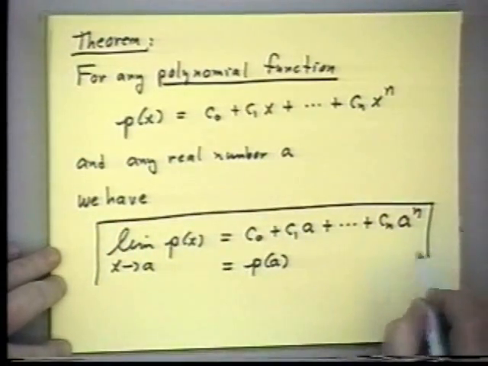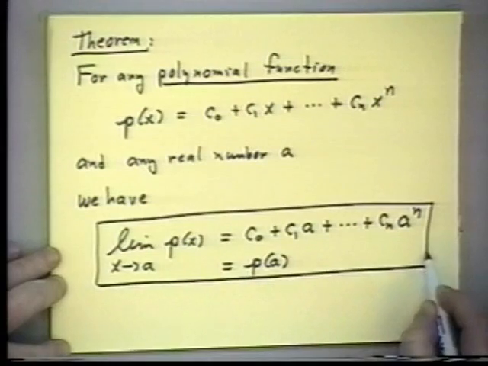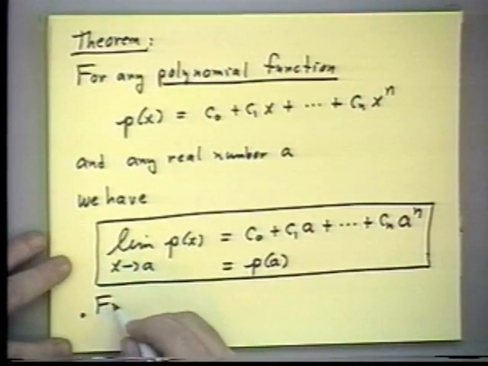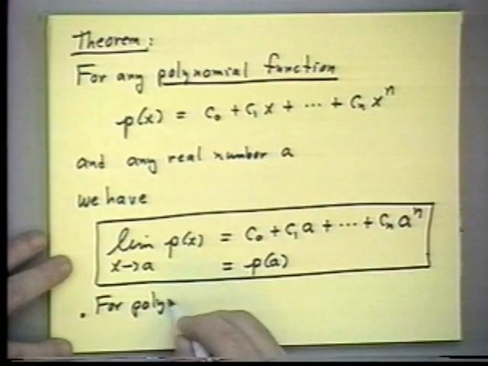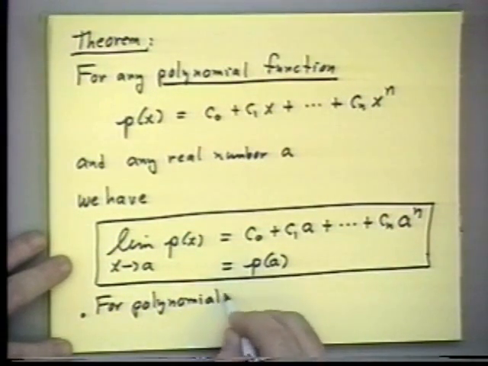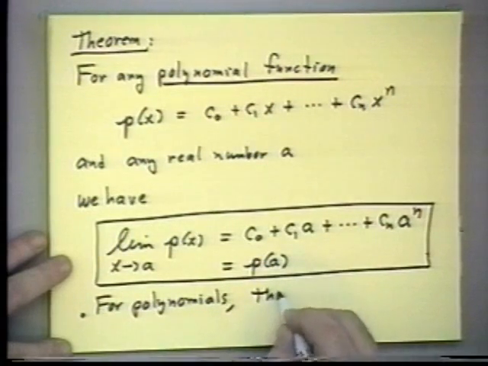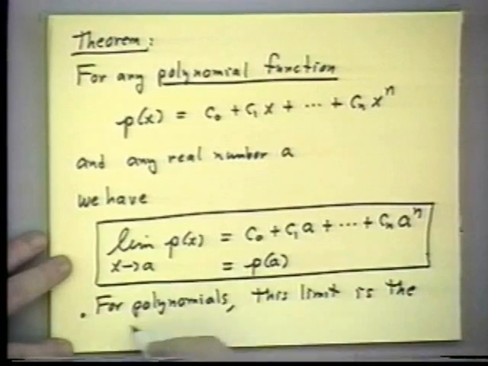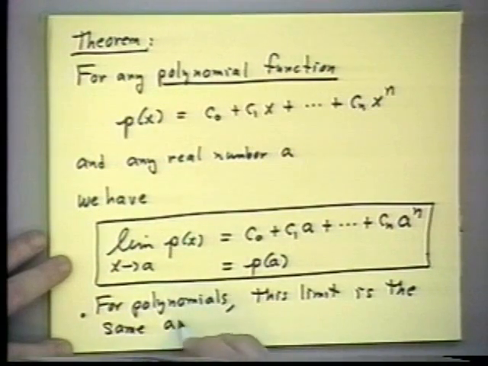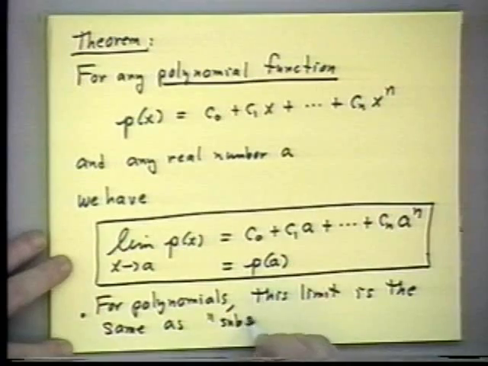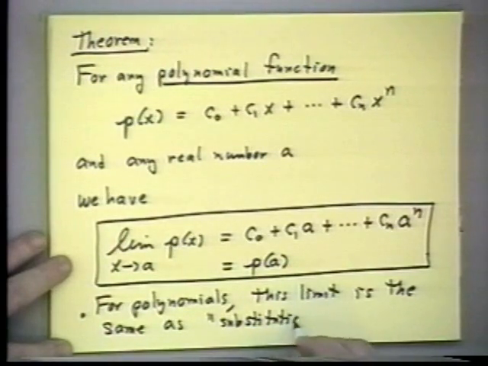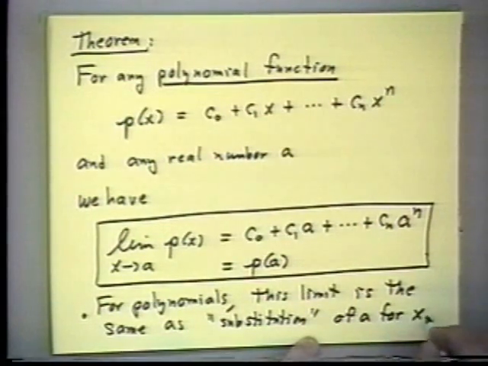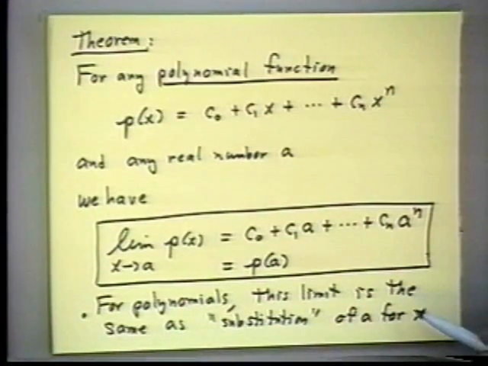This is a very, very useful fact, and one that's worth mentioning carefully. Notice, for polynomials, or polynomial functions, this limit is the same thing as substitution. Substitution of what? Of a for x.